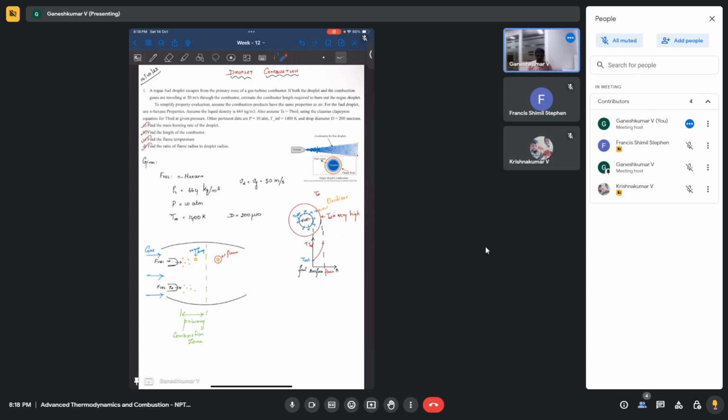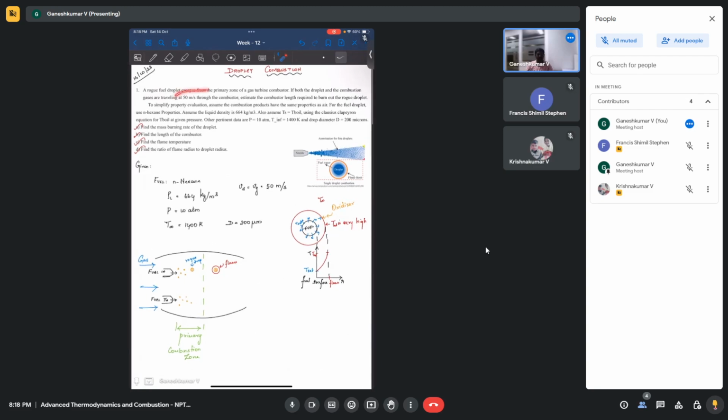This fuel droplet escaped the primary zone of the combustor, but after that it started evaporating a little slowly, and they are telling us that the droplet and gas are traveling at the same velocity.